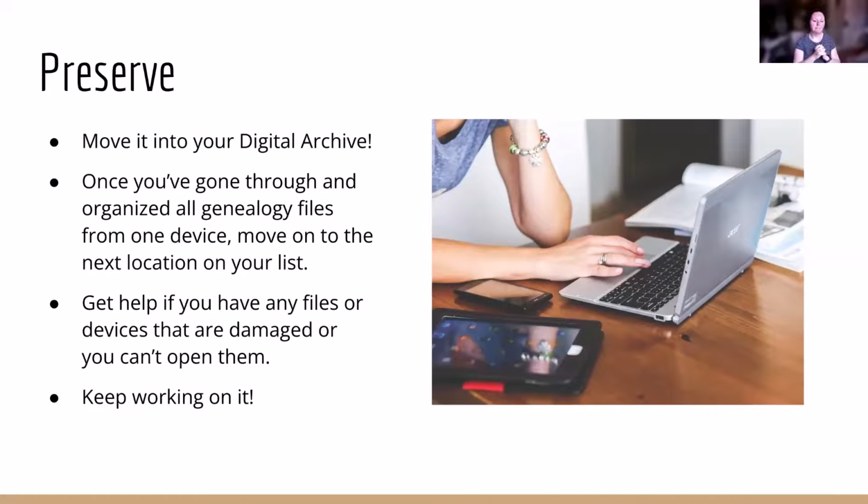As you're going through here, especially with some of those older files that you haven't looked at in 10 years, maybe longer, you may come across some files that are damaged. You can't open them. You have no idea what it is. Maybe it is those Kodak CDs and you don't know what to do with them.